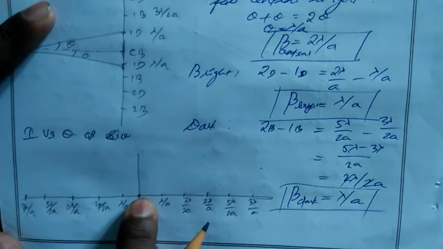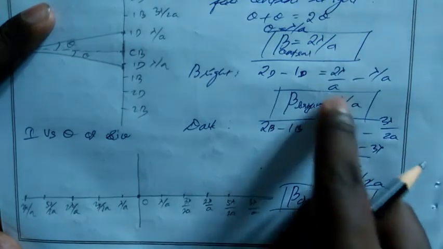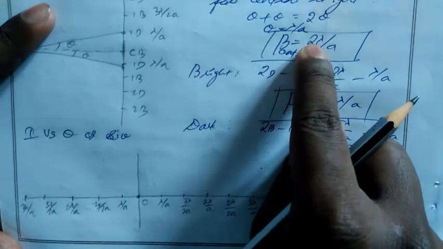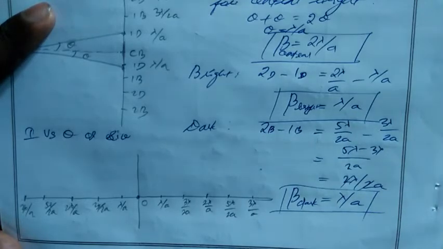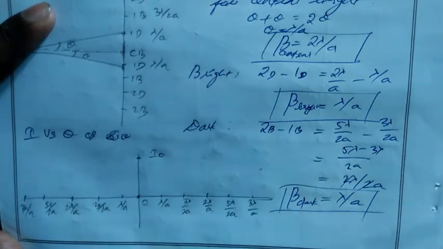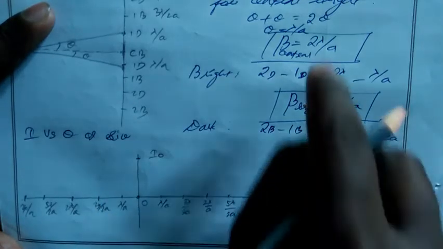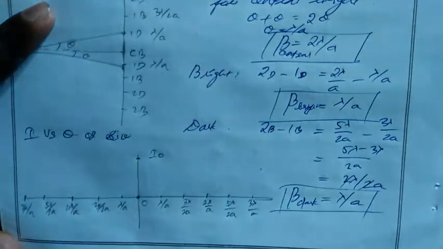So for first bright, what is the fringe width? The central fringe width value is 2 lambda by a. So here the value is 2 times the bright fringe, dark fringe value. So 2 times means this much height. This is the maximum intensity, for the central bright fringe. Then another bright fringe will be here. Another bright fringe width will be half of the central bright.